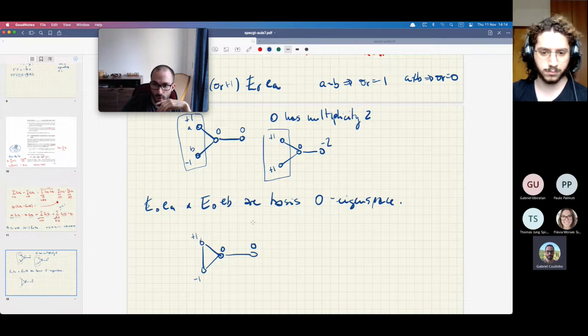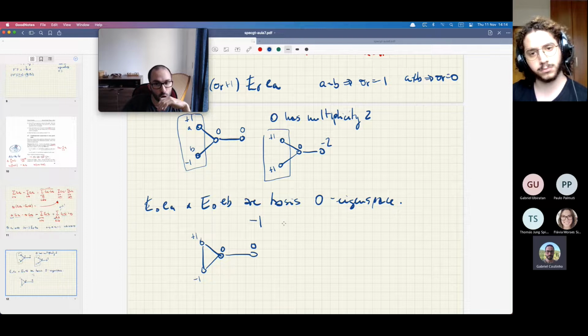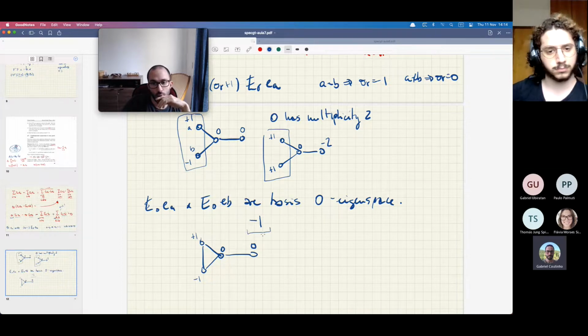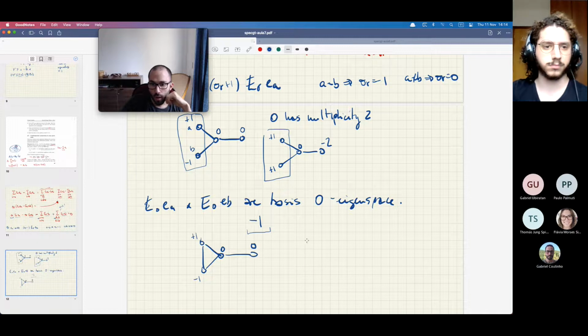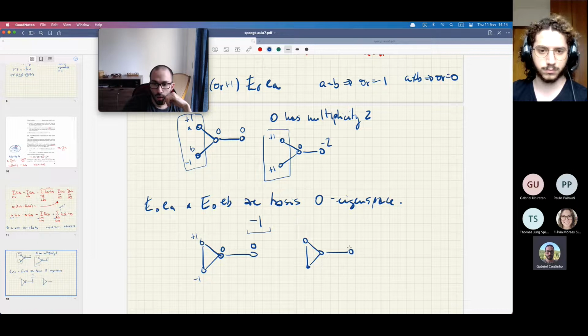So this is an eigenvector for minus 1, right? Because the sum of the neighbors is minus 1 times the value in there. And also, here, I put plus 1, plus 1.